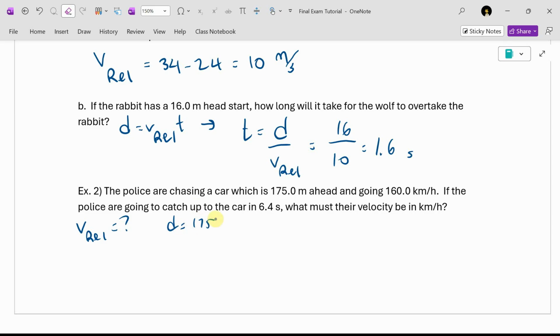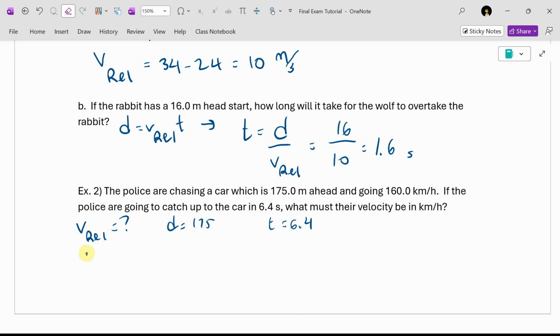I memorized units, because even though I hate memorizing, that was worth it. That must mean they gave me a time. The bad guys are actually going 160, but I start out by pretending they're at rest. I'm going to figure out how much faster the police need to go, then I'll add it to the bad guys.